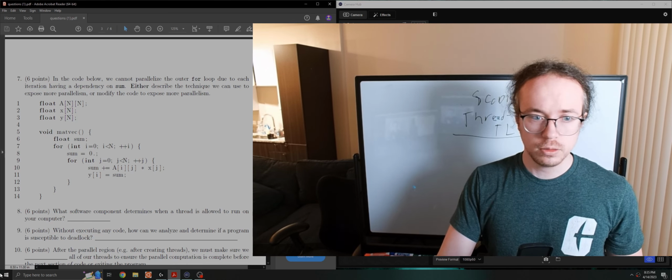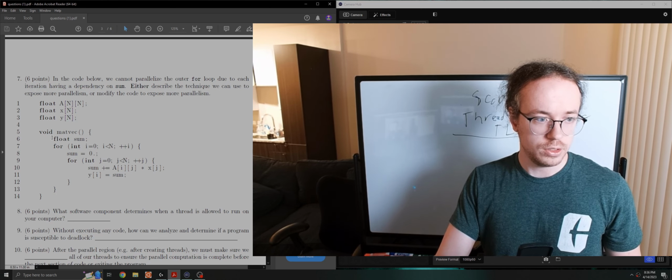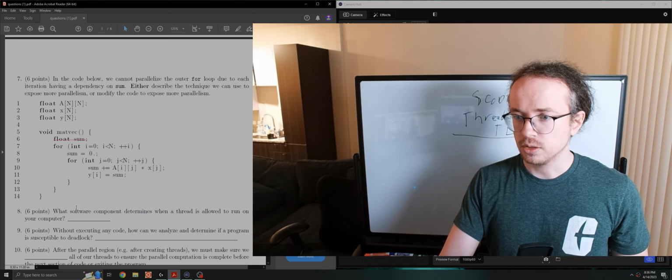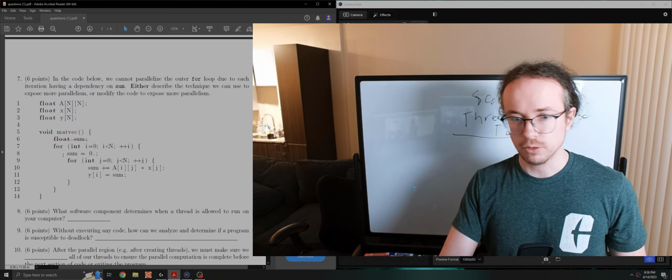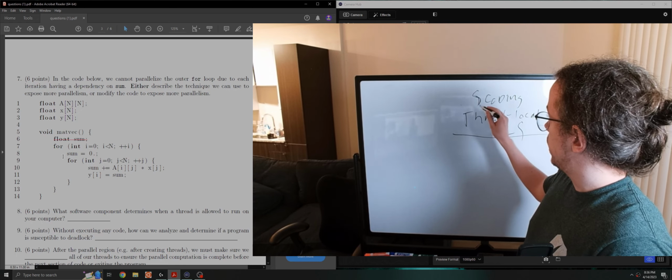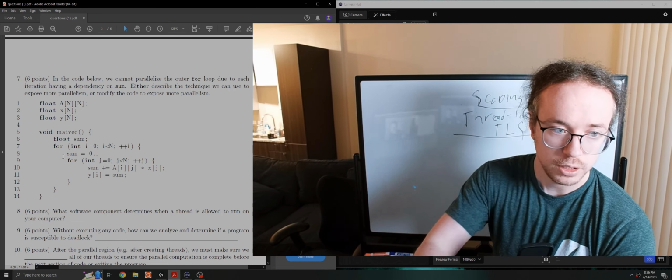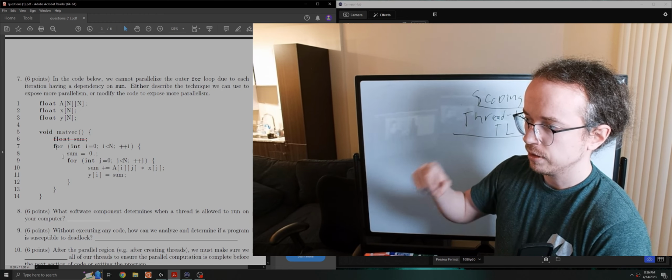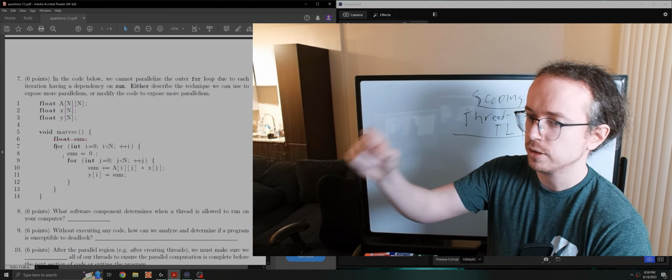In terms of code, the easiest way to get full credit here is to simply eliminate this line. And to be totally correct, you need to write the word float down here. That is the same thing as scoping. Each iteration has an independent variable. This changes the parallel task graph.